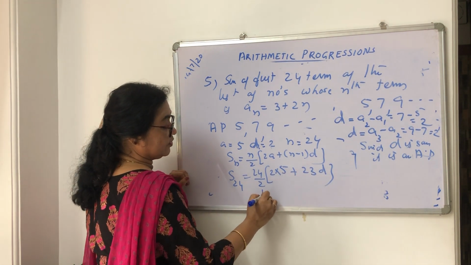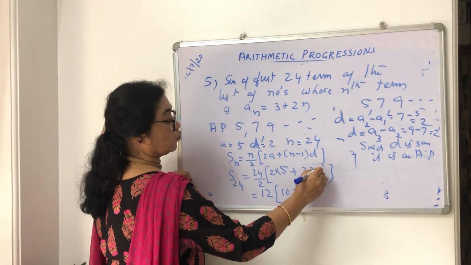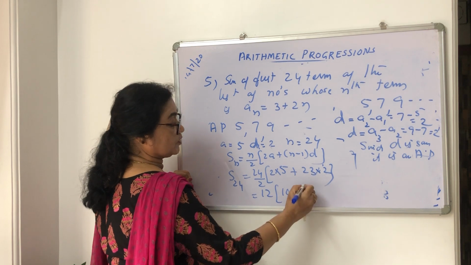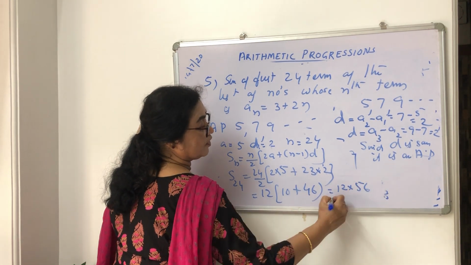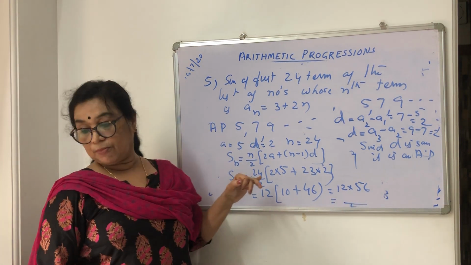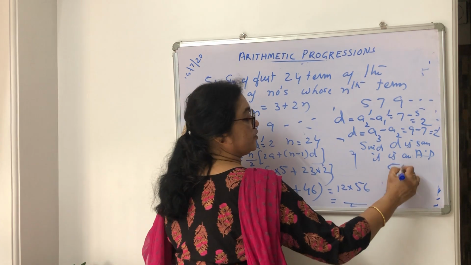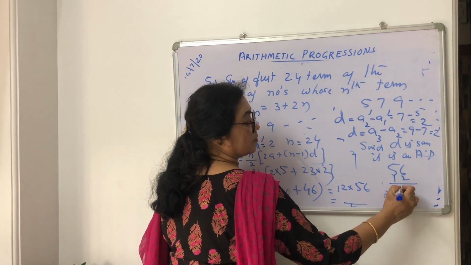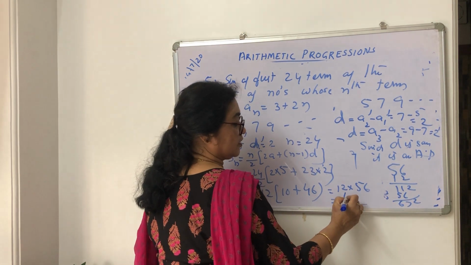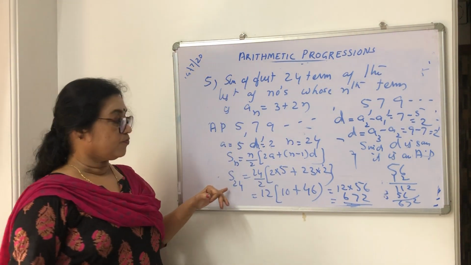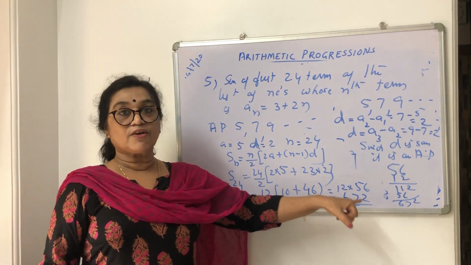This is 12 into (10 plus 23 into 2), that is 10 plus 46. That is 12 into 56. 56 into 12 is 672. The sum of the 24 terms of this AP is 672.